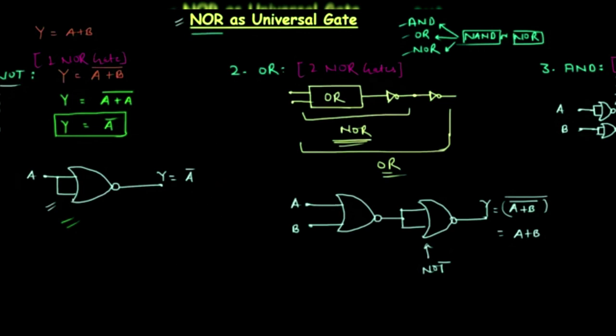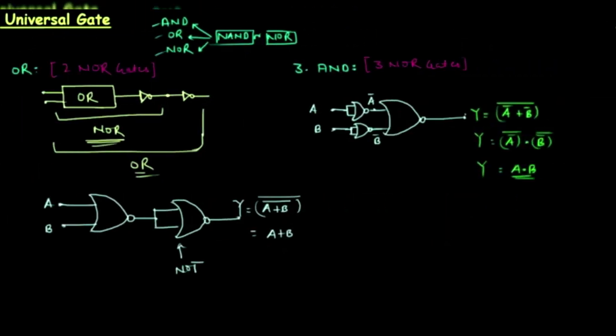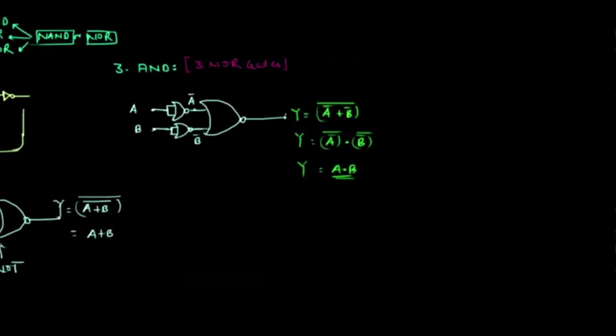Now we will implement the NAND gate. And it's very simple, because the NAND gate is obtained by complementing the output of the AND gate. We have already implemented the AND gate like this, so we only have to complement the output of this arrangement.